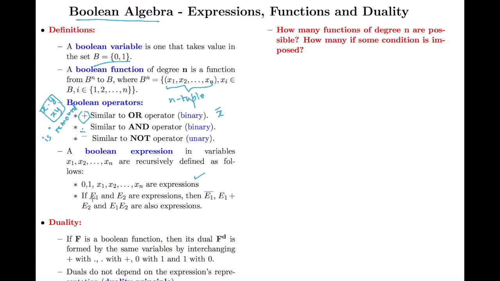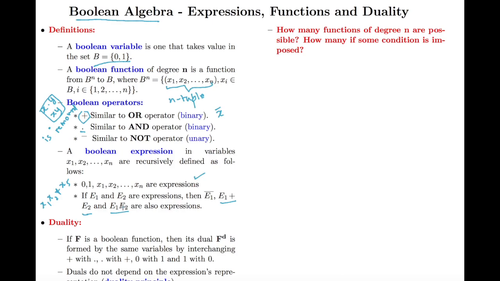So for example, x1 x2 plus x5 is an expression. Why? Because x1 x2 is an expression because of this, and x1 x2 plus x5 is an expression because of this. So this is a basic explanation of some definitions.